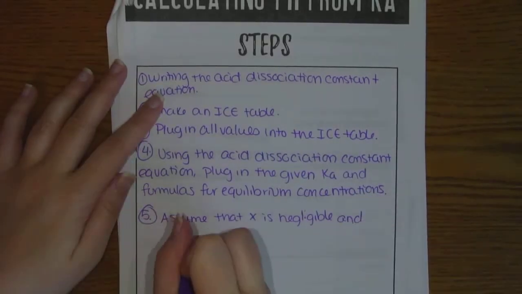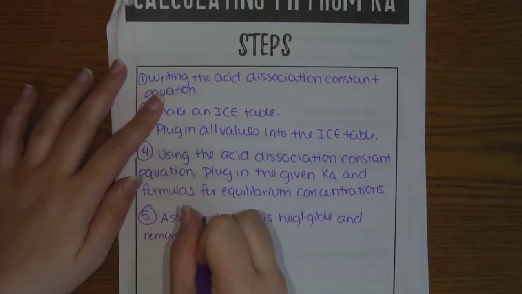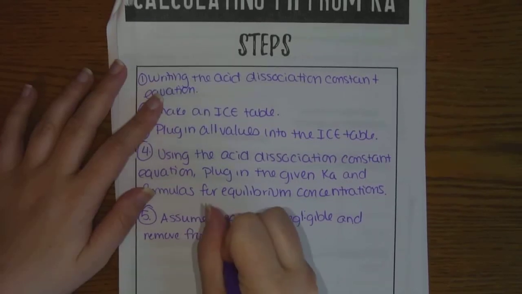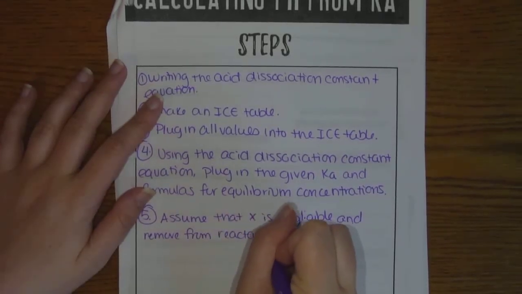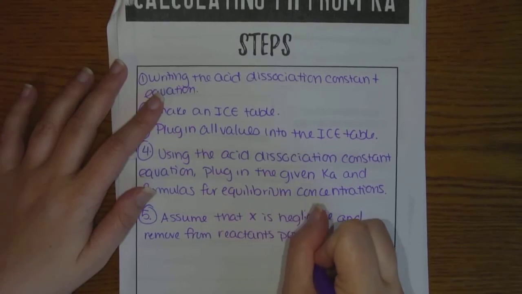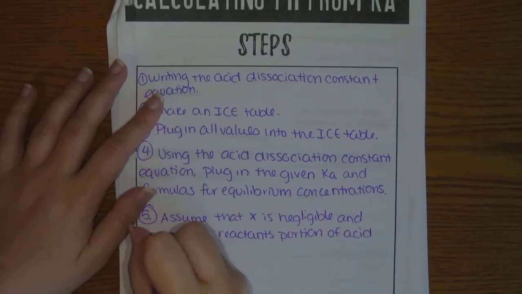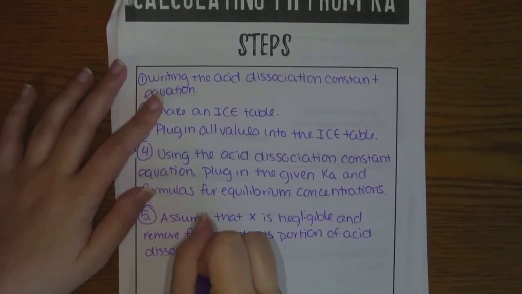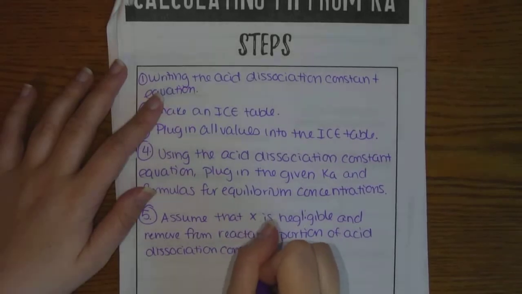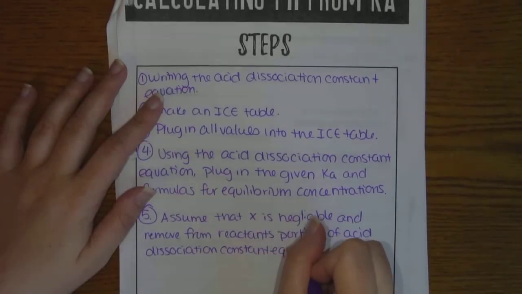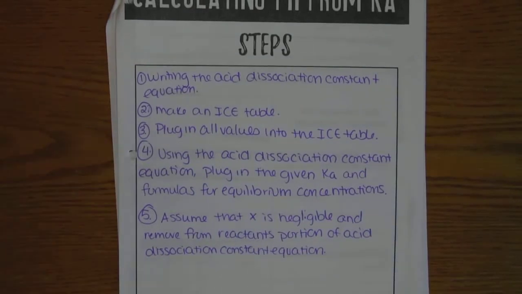Okay? And we're going to remove this from the reactants portion of the acid dissociation constant equation. Because remember, we start out with a concentration that's large enough that the difference between the concentration that we're going to have at equilibrium and the concentration we start with is negligible.